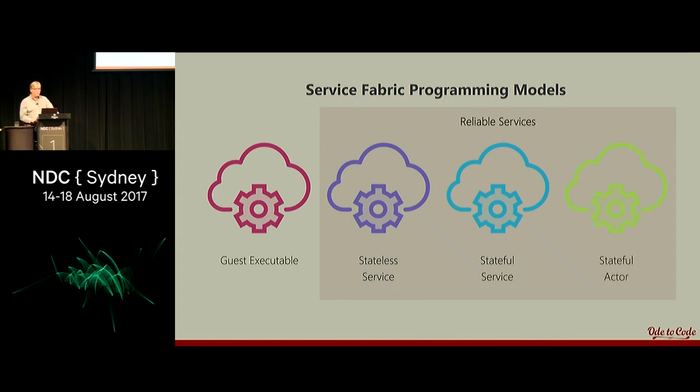And then there's also what's known as a stateful actor, which I've seen a number of people who implement things like real-time things like online games and online auctions. This is the kind of situation where I want an instance of my service per each user. So I go into an online auction to start setting up bids. The code that's running inside of Service Fabric is going to create an actor that represents me.